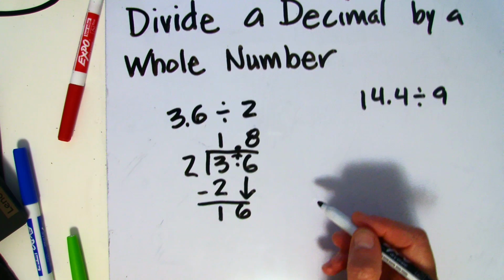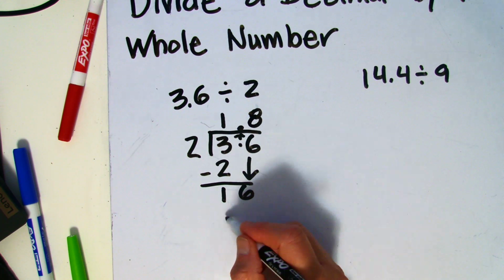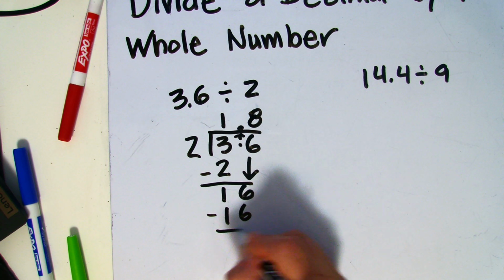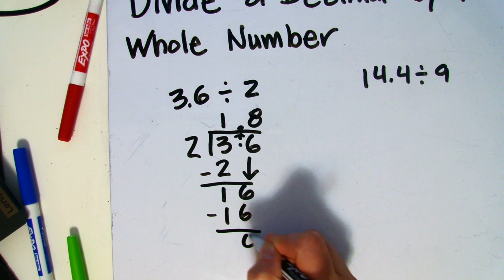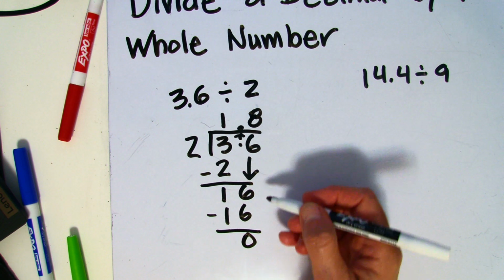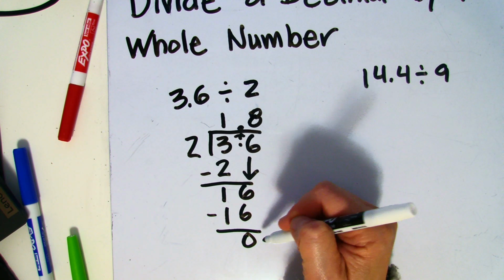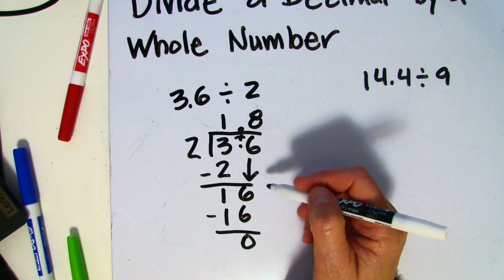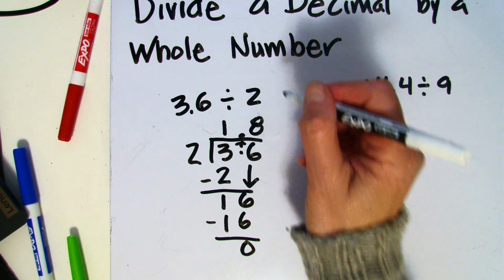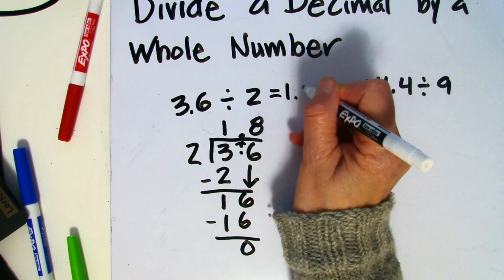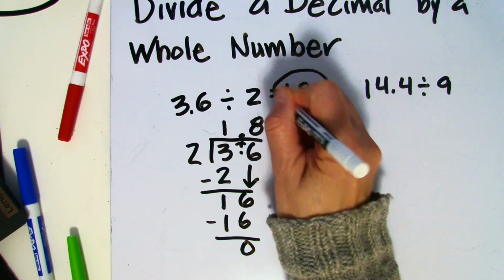So I'm going to bring up that 8. 8 times 2 is 16, and my difference is 0. Now, because there are no other digits after this 6, I'm going to be done with the calculation. My answer is going to be 1 8/10.